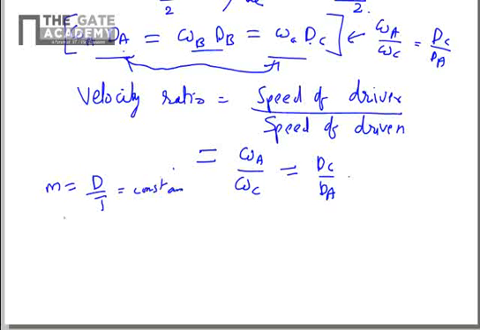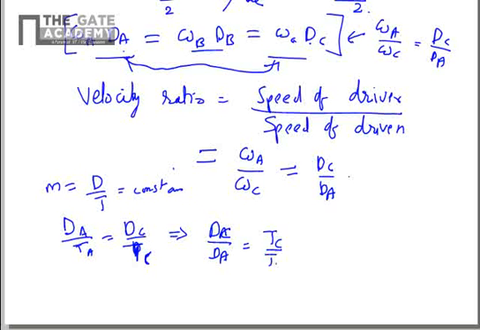So dA by TA is equal to dC by TC, and this will be equal to dB by TB also. So we are just considering the input and output here. Hence dC by dA will be equal to TC by TA. So this quantity omega A by omega C will be equal to TC by TA.